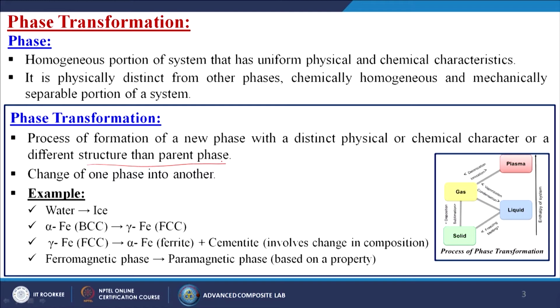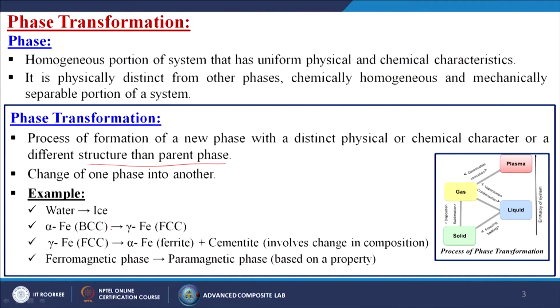Say, simply, we are changing the phase from solid to liquid, or sometimes from liquid to solid, or from solid to solid, or liquid to liquid. So there are many types and many steps by which we can change the properties of the material.